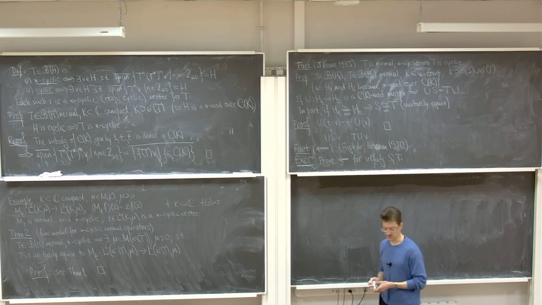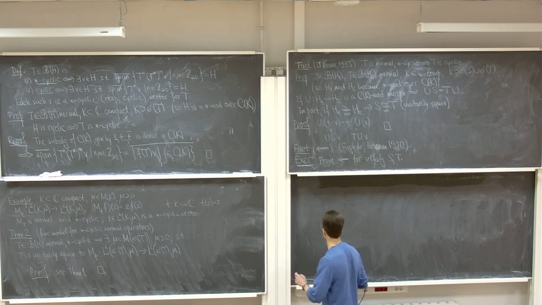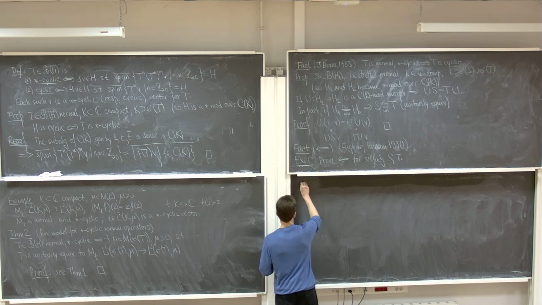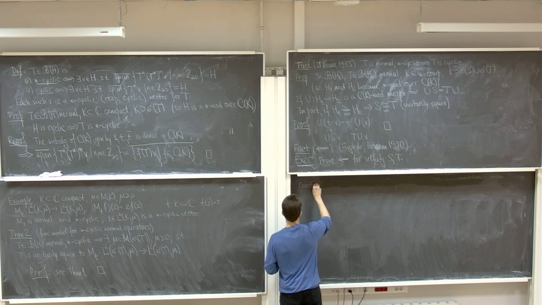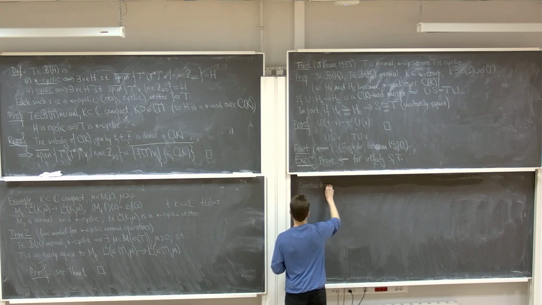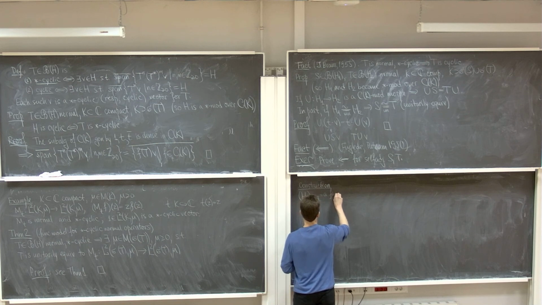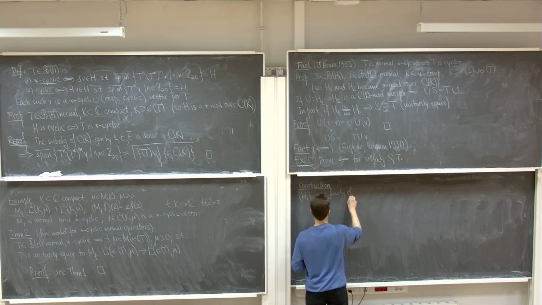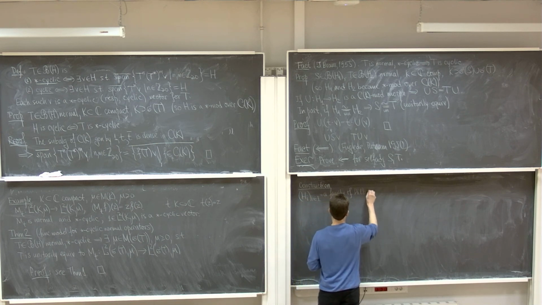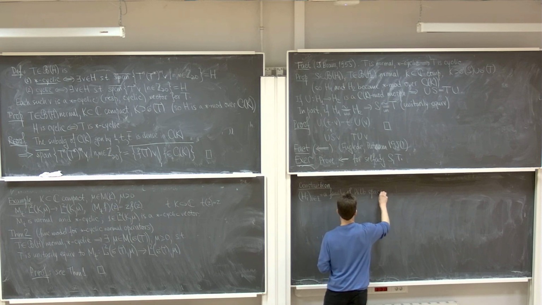We'll need the following simple construction. Suppose that H_i is a family of Hilbert spaces.